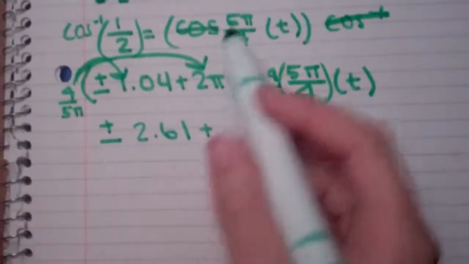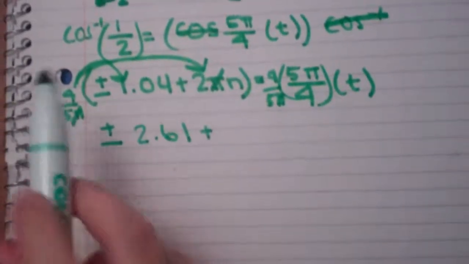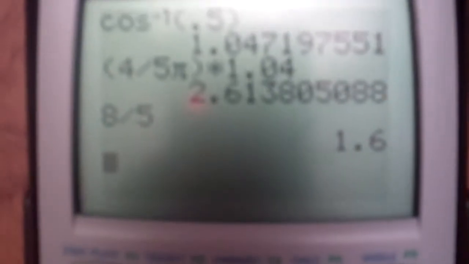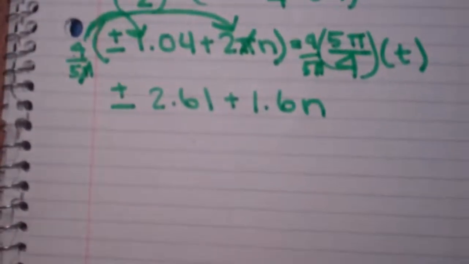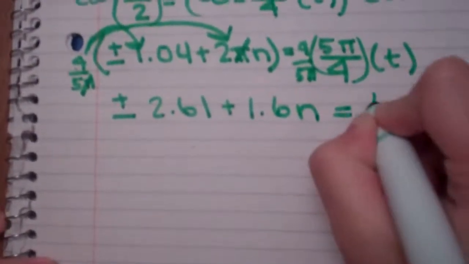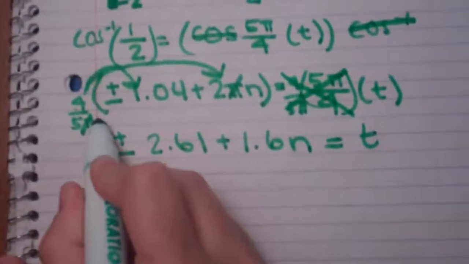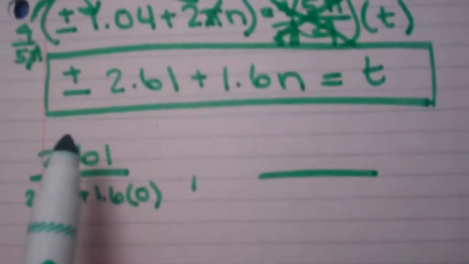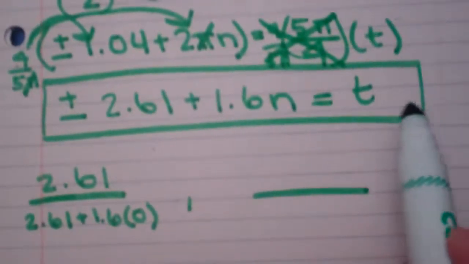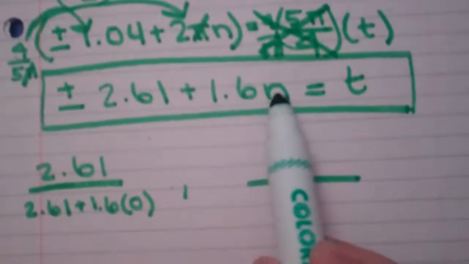And then we know that the pi's cancel out, so we end up with 4 times 2 is 8 divided by 5. 8 divided by 5 gets 1.6. That equals t because these cancel out, so we're left with t. And now, the general solution. Now we found out that our general solution is t equals plus or minus 2.61 plus 1.6n.